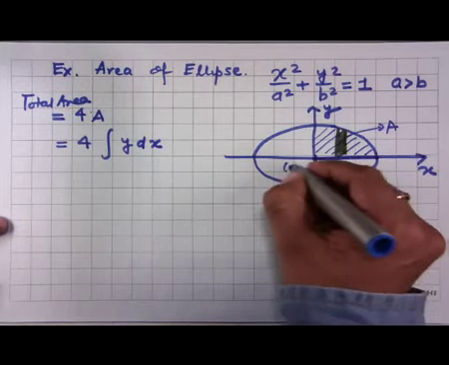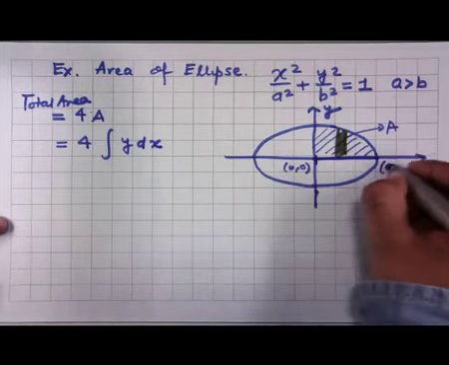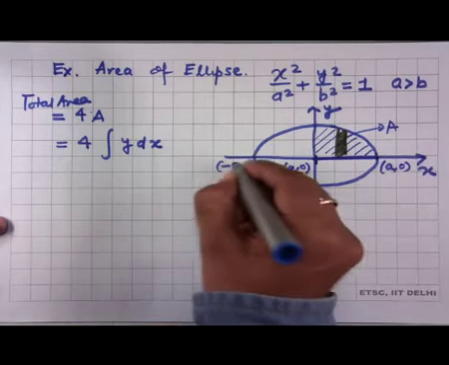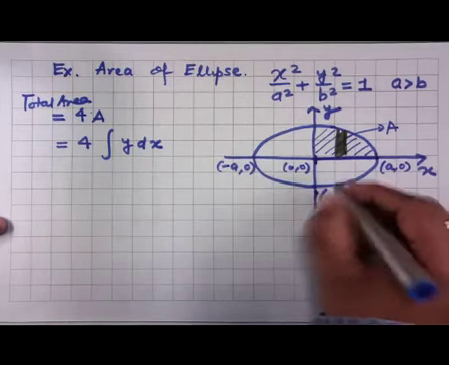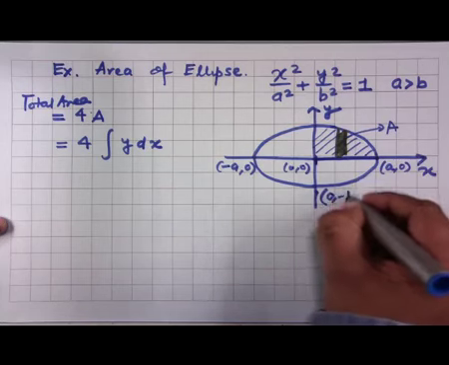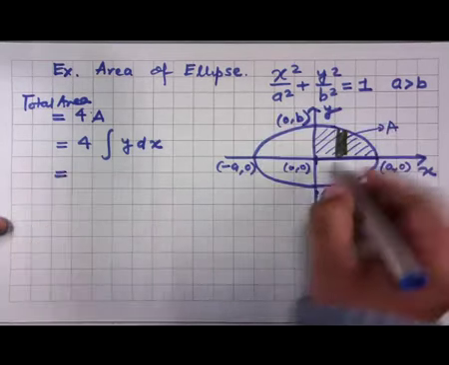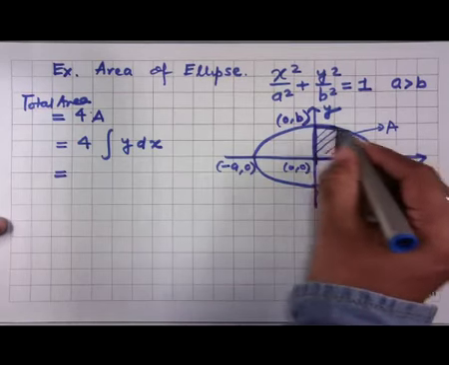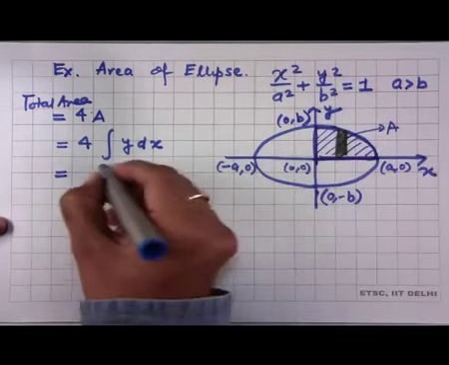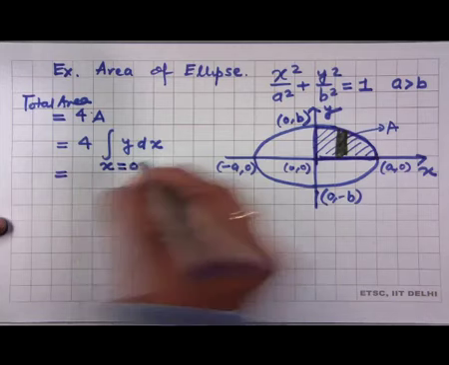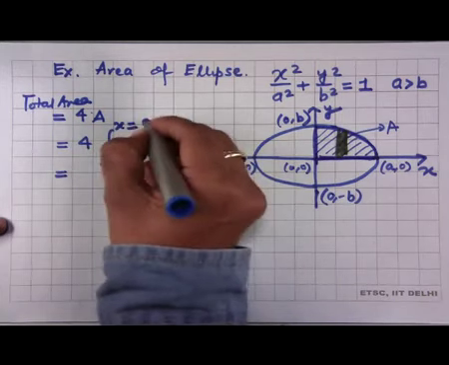So, for this ellipse, this is center 0 0, this is a comma 0, this is minus a comma 0, this is 0 comma minus b, and this is 0 comma b. So, for this region x minimum is 0 and maximum is a.